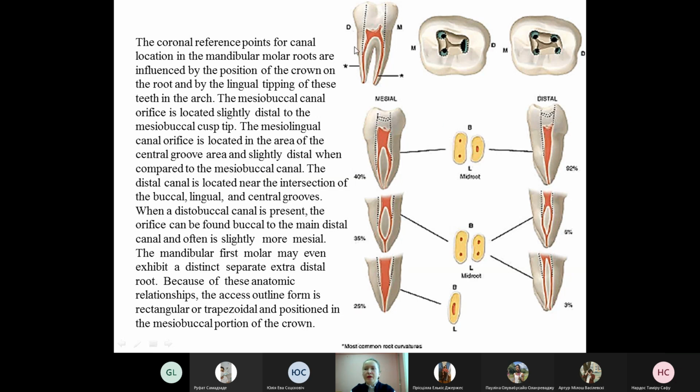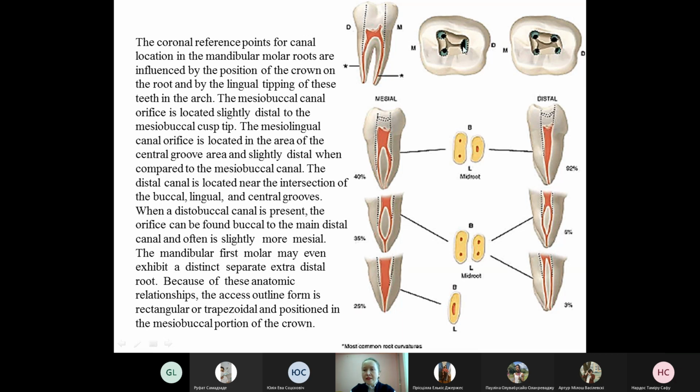So the second molar is similar, with two roots. In the mesial root there are two root canals, mesial buccal and mesial lingual. Excuse me, I was wrong.